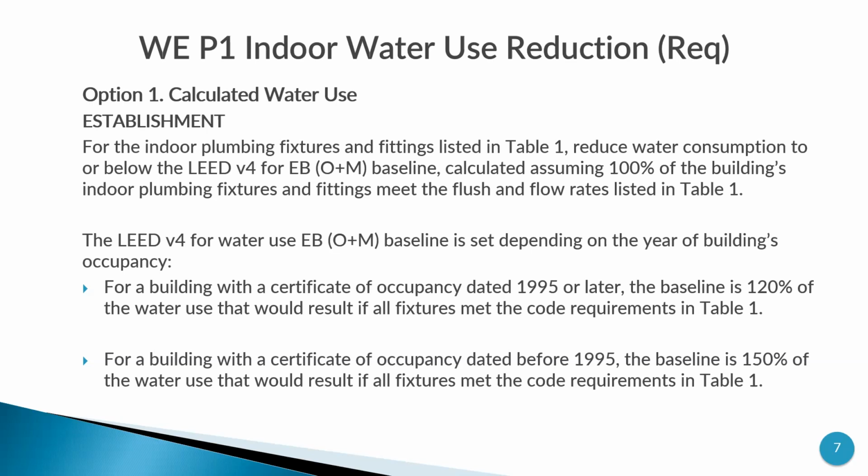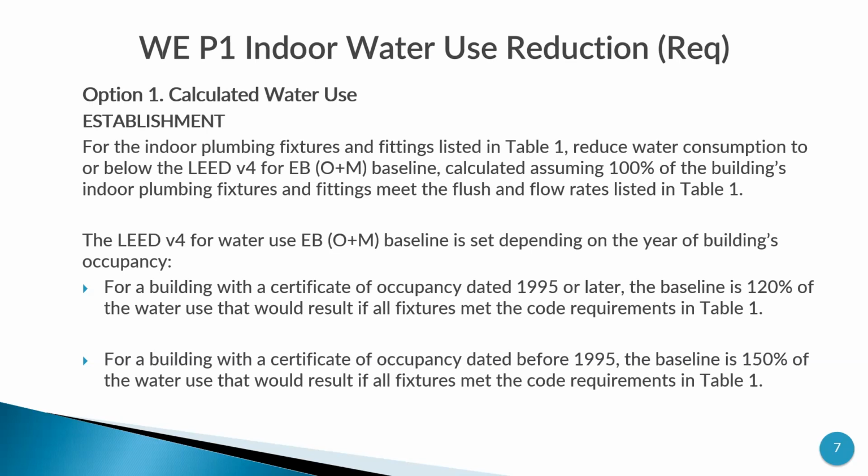This is also important because there is a division at the year 1995. How it is different, we'll see here. For buildings with the certificate of occupancy dated 1995 or later, that is, the buildings are constructed and the certificate of occupancy is issued after 1995, the baseline is 120% of the water use that would result if all fixtures meet the code requirements.